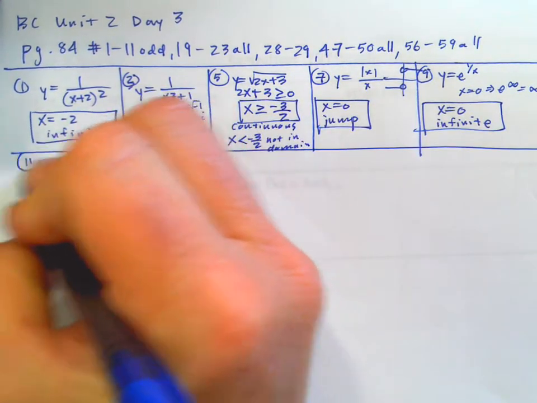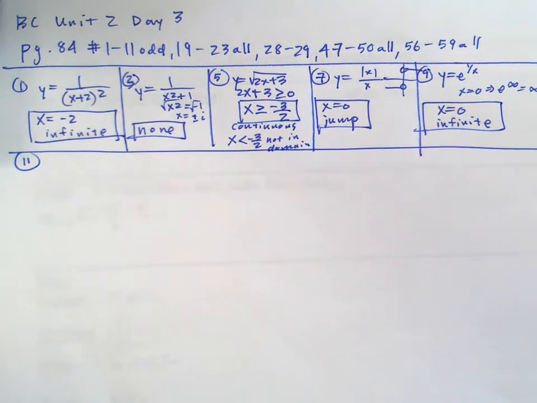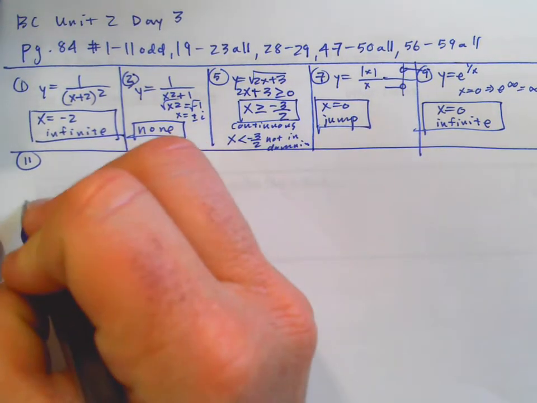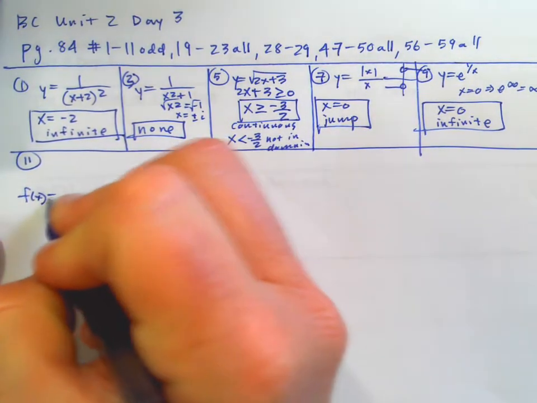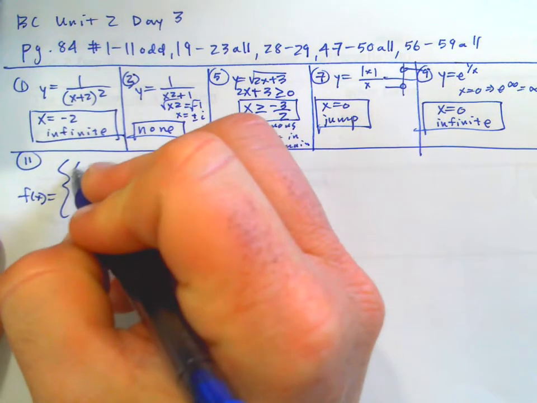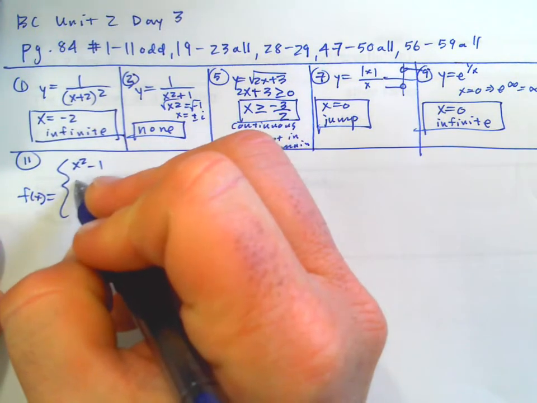Number 11 says to use the function f defined and graphed below to answer the questions. I went ahead and redrew the graph. It's a piecewise function with a lot of different pieces.